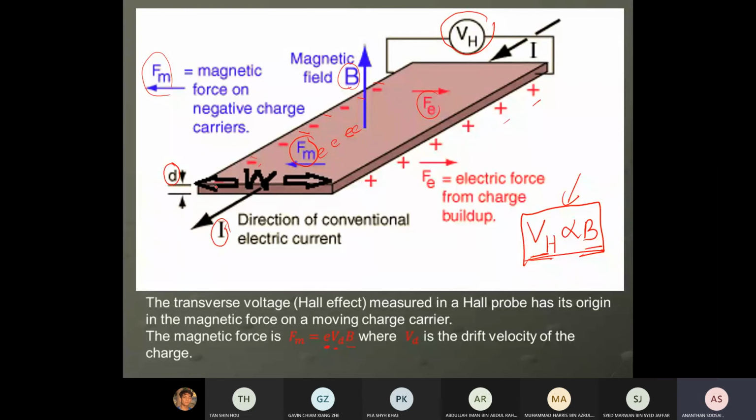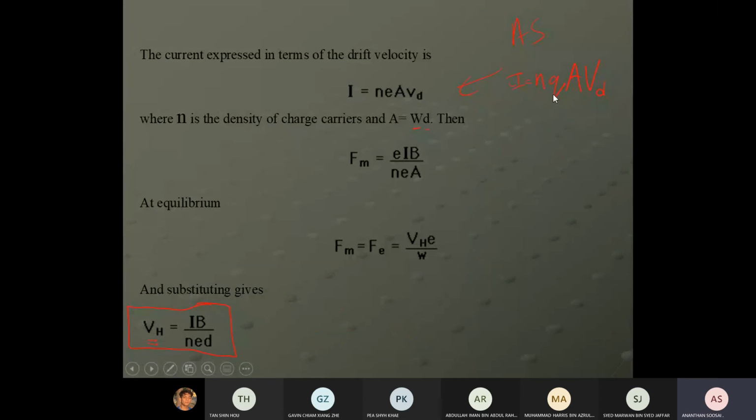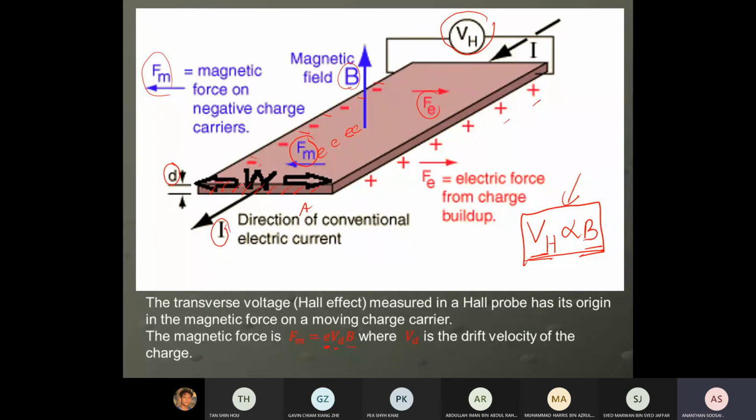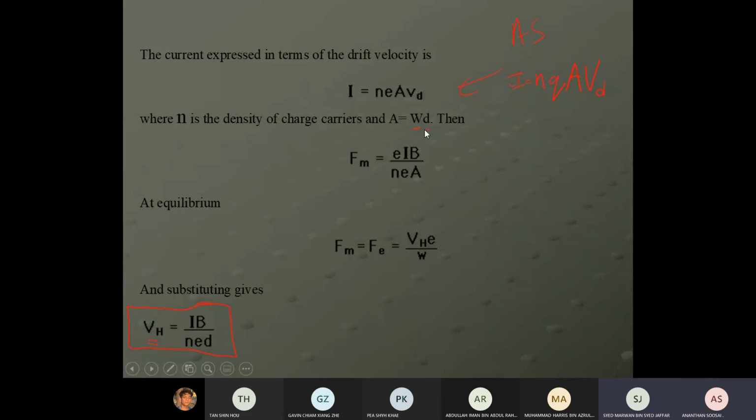The current flows up to down, and this small area is the one to be used for the current. So this area is W times D. So A is W times D, and you put W times D inside.